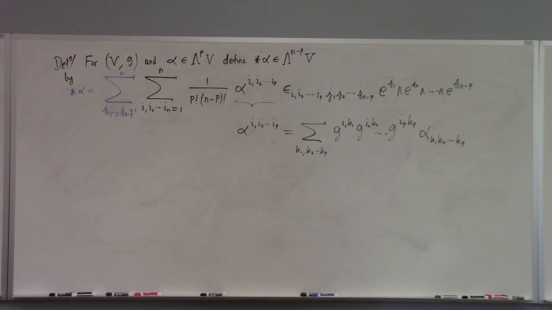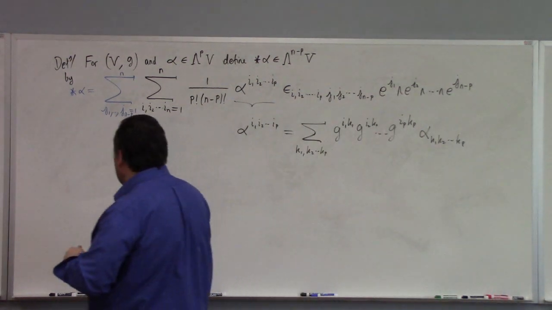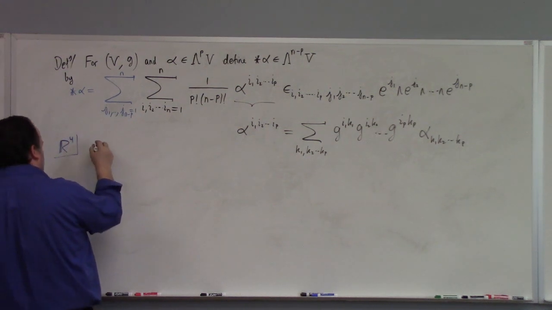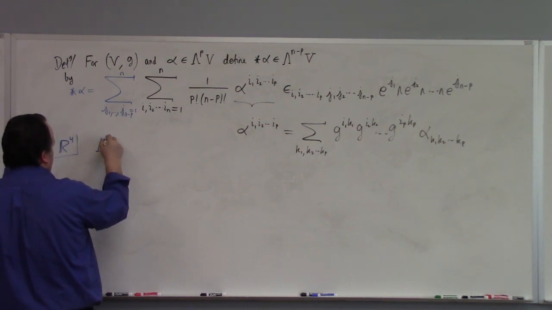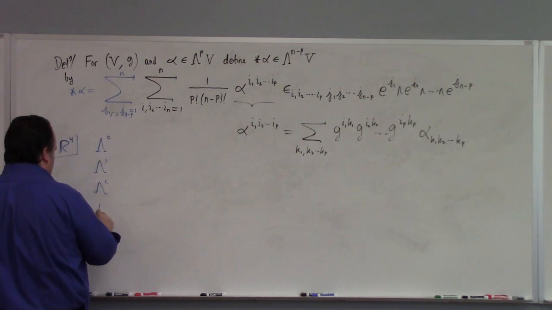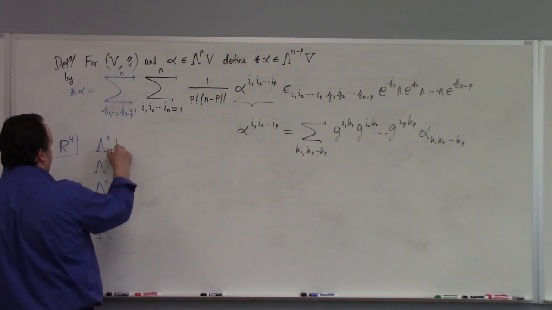Because Minkowski space actually has interesting up-down index stuff going on. So like R4, we can talk about lambda 0, lambda 1, lambda 2, lambda 3, lambda 4.